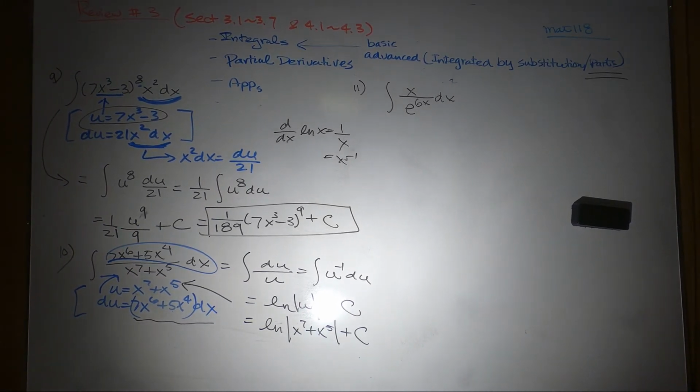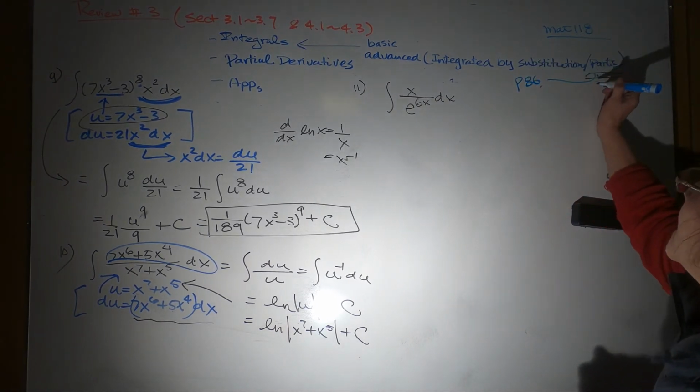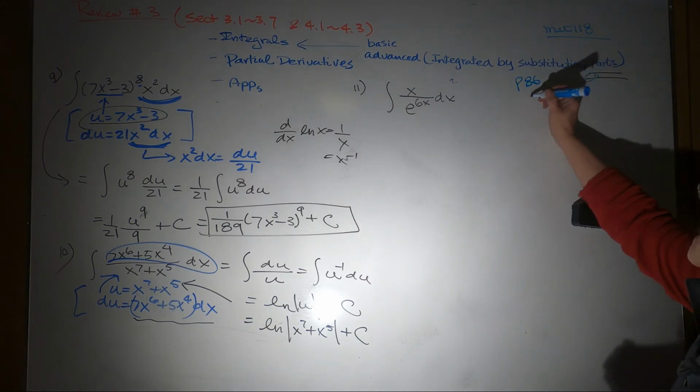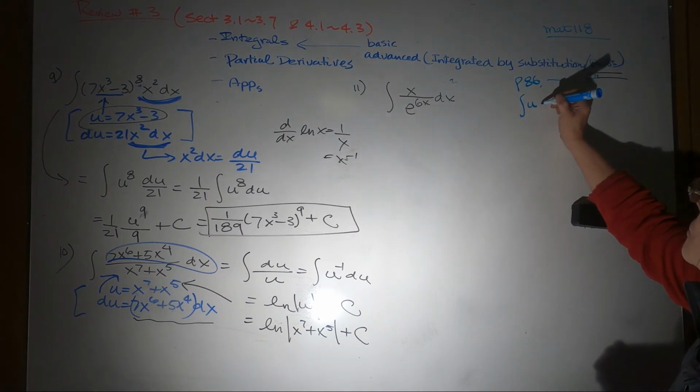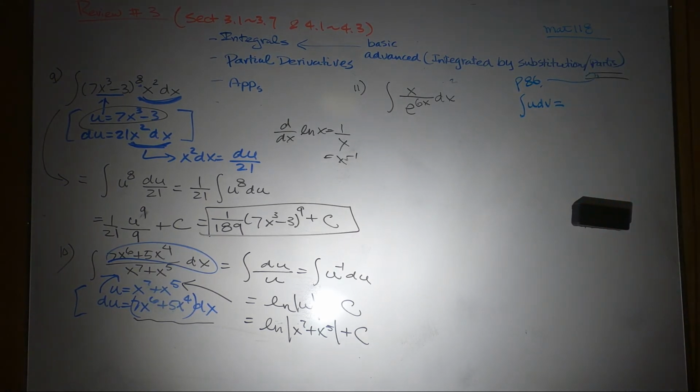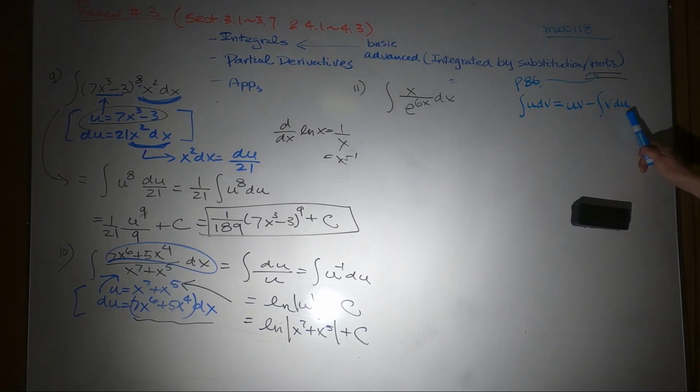Okay, the formula is the integral of u dv equals, let's write it out, uv minus the integral of v du. The idea of doing that is that v du can be integrated easily instead of the complicated one.